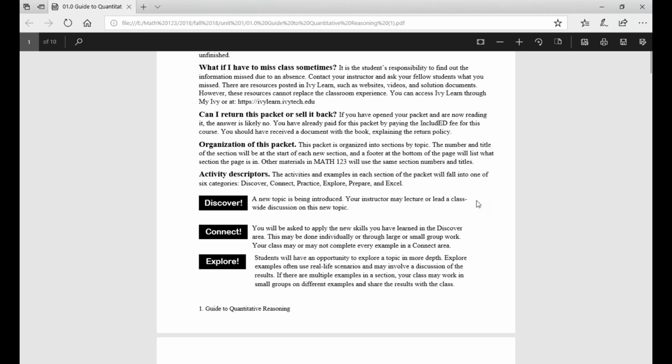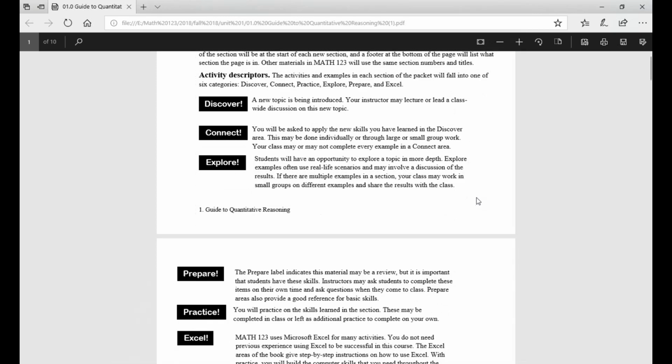All right, so our book is divided into sections. You'll notice here there's the discover, connect, explore, prepare, practice, and excel. We've done these purposefully. Discover means anytime we're going to be introducing a new topic. Connect is where, after we've gone through maybe the basic definitions or the basic algorithms, now we're going to start applying it to some problems.